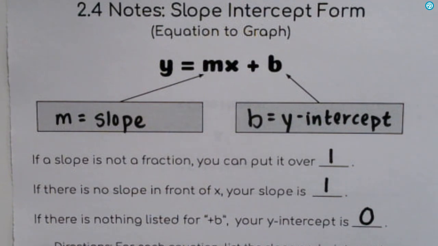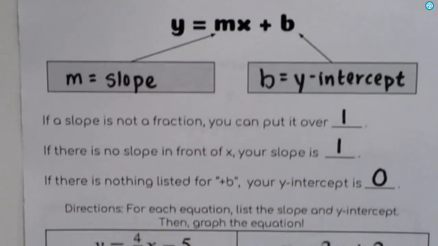Okay. So for every problem today, we're going to find and start at the y-intercept, and then we're going to graph the slope from there. Our slope is rise over run to the right, so we just do that as many times as we can.